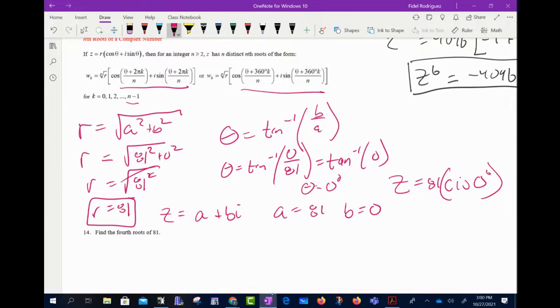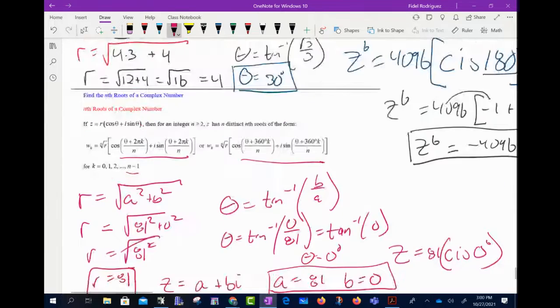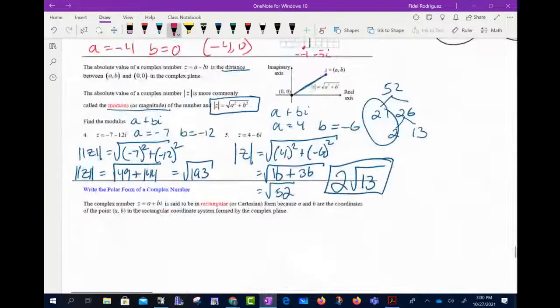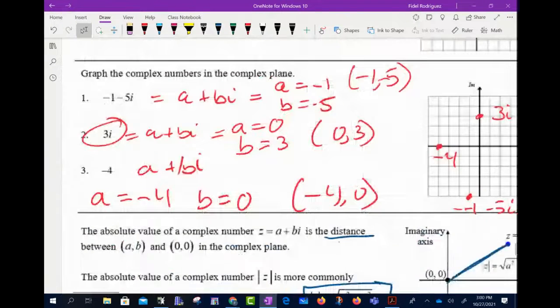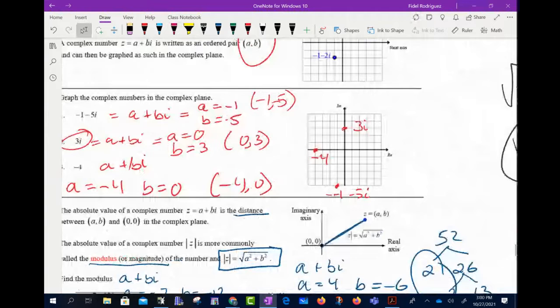If you think about it this way, if A is 81 and B is 0, I'm going to scroll all the way back up to the top where we started today. If we were going to plot my complex number, which is just 81, wouldn't it be all the way over there? So I'm not in a quadrant, I'm actually on the horizontal axis.